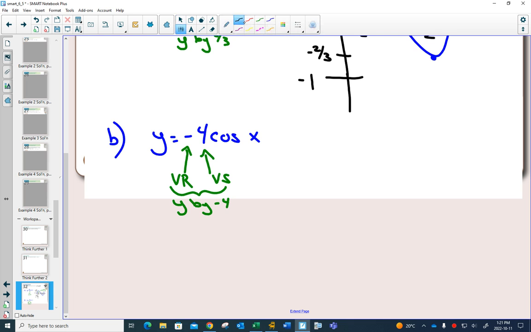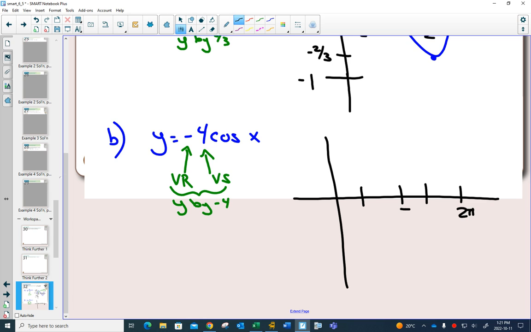Again, your y values are changing, so when I go to graph this, I'm still going to split this up into my axes family. Pi over 2, pi, 3 pi over 2, and 2 pi. But instead of having 1 and -1, because my amplitude is 4, it'll go up to 4 and down to -4.